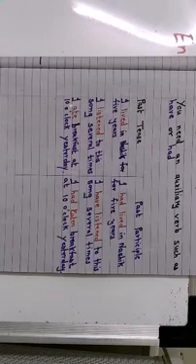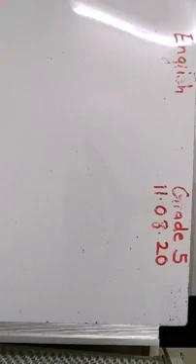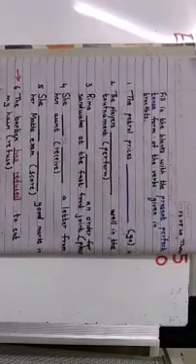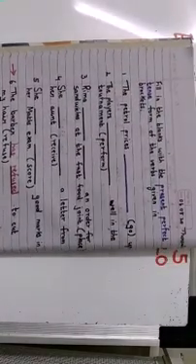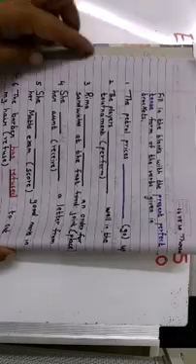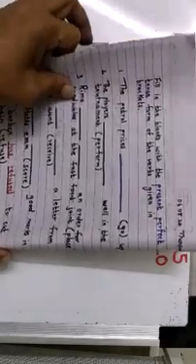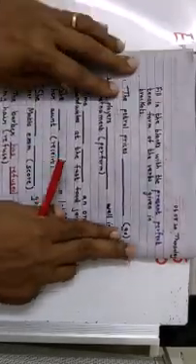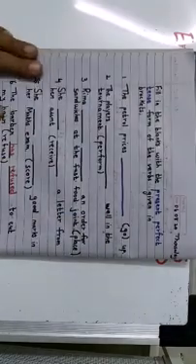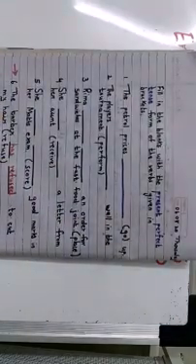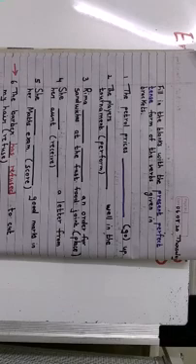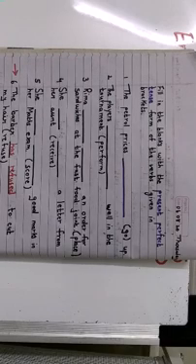Right? Now let's see the homework, children. Okay, so this was the homework. Right? I just need to pull this page so that you get a good view. Yes. Now we need to put a present perfect tense.